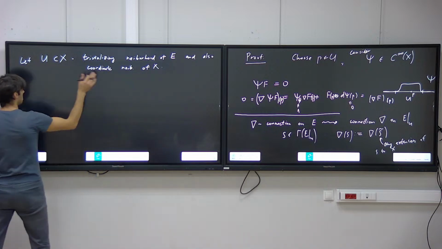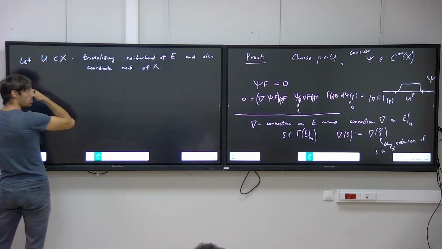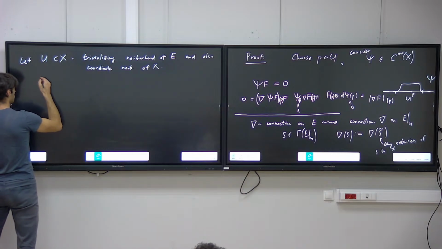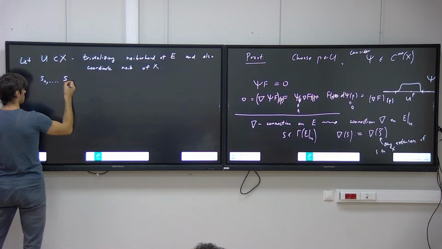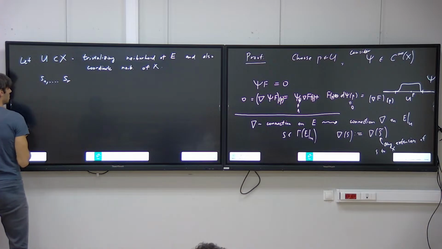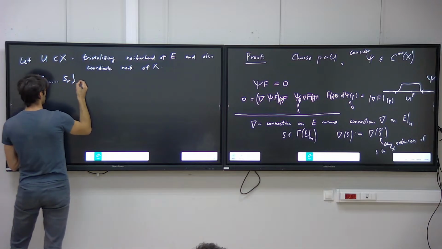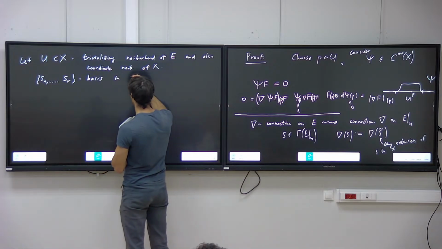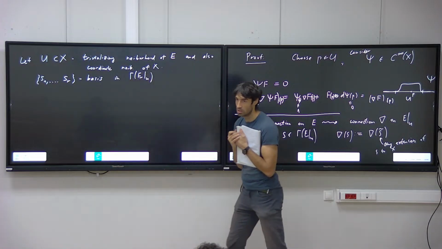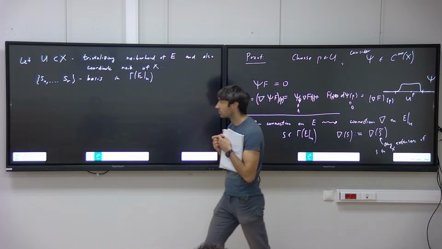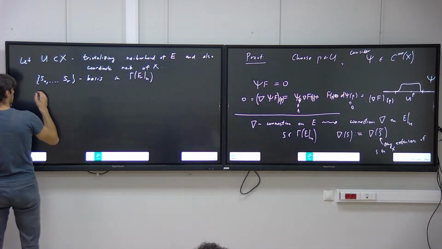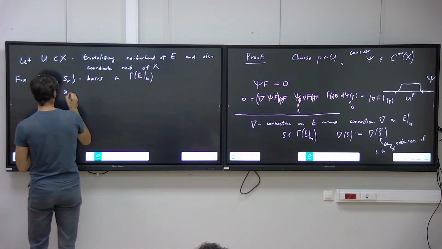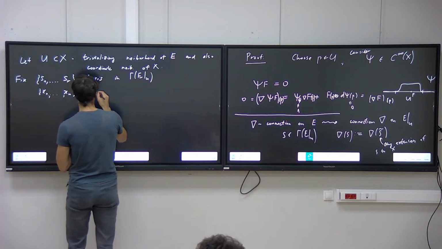Trivializing means that I can have a basis of sections. So let me fix some basis S1, and so on, up to S_r. So this is a basis in the sections of E restricted to U. And also we fix coordinates x1, and so on, up to xn.